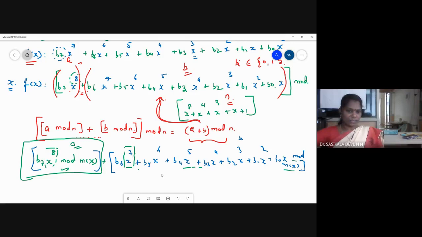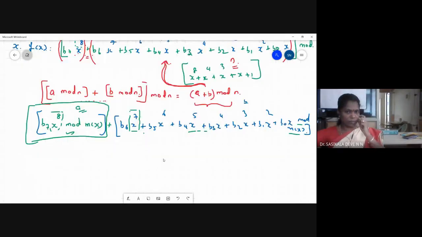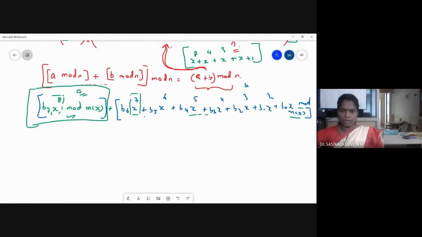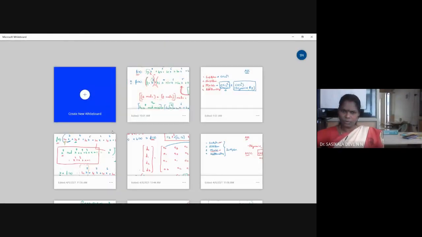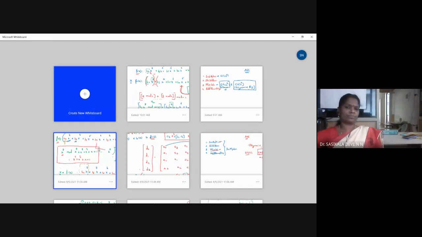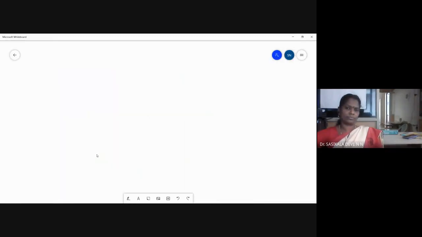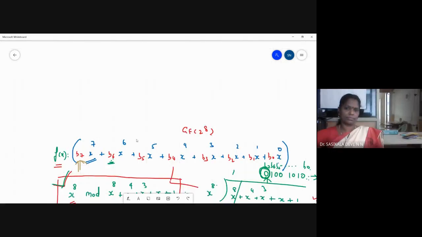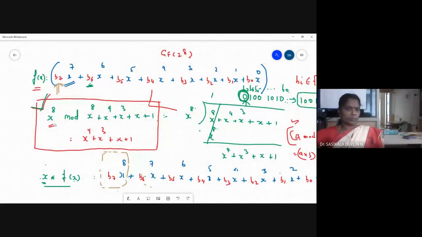In the last class we did the division. Can you remember the last class content? I will show it on the whiteboard, just to remember this part. See, x power 8 mod x power 8 plus x power 4 plus x cube plus x plus 1. We divided and we got the remainder. What is the remainder? x power 4 plus x cube plus x plus 1.